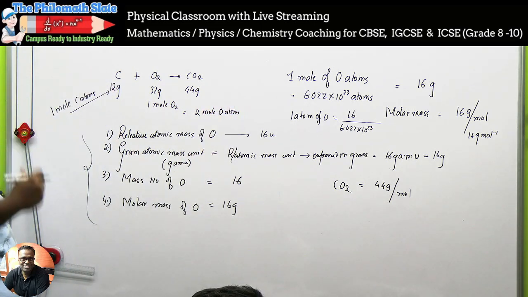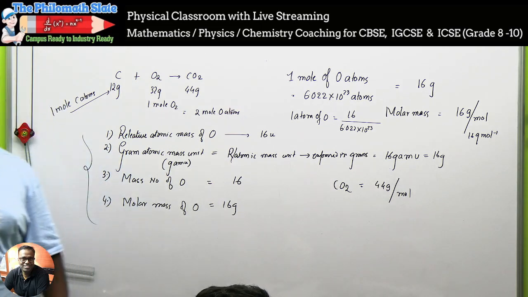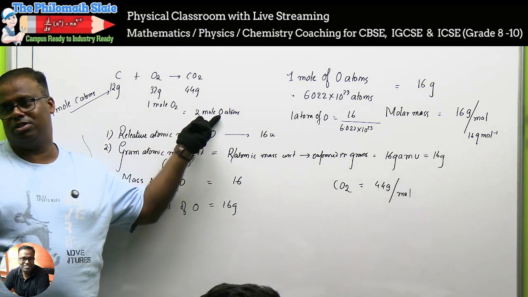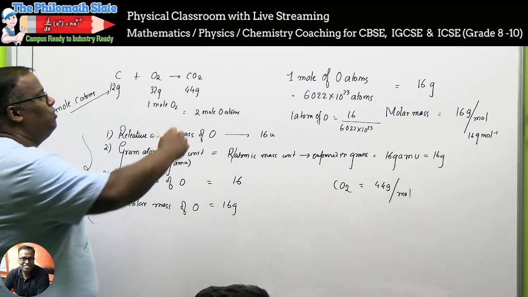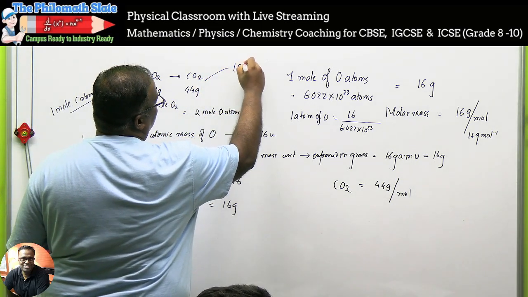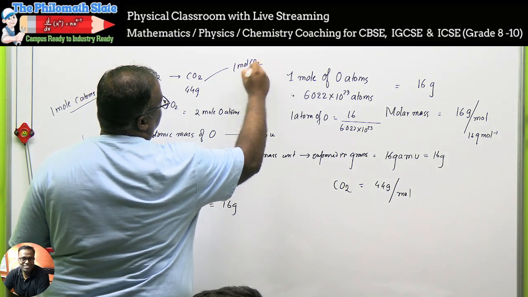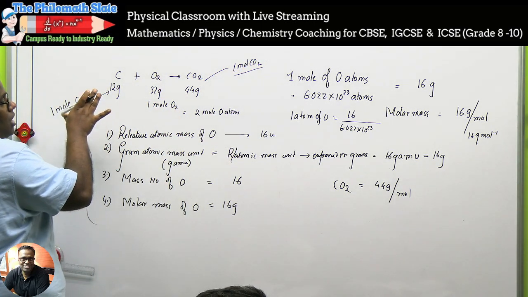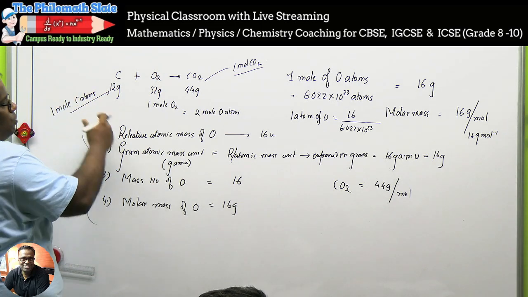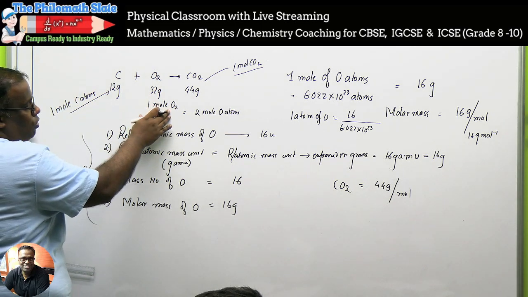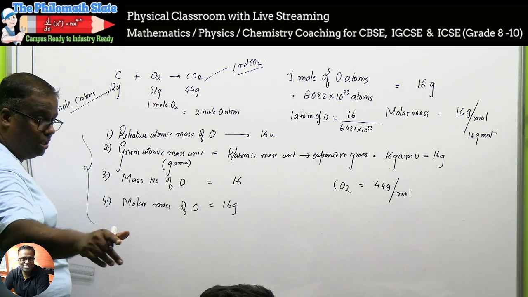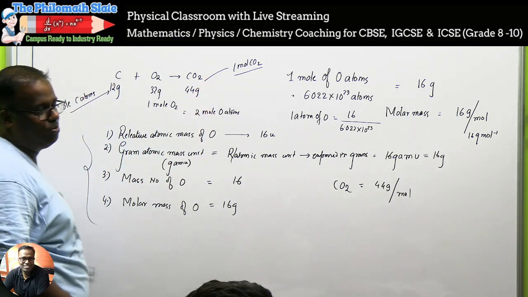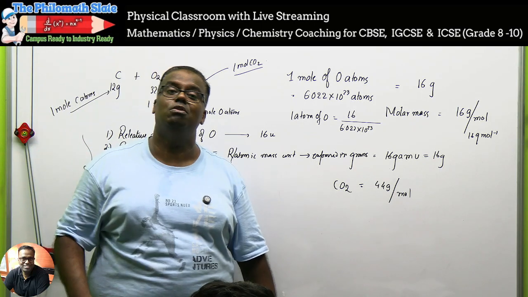So we will say 1 mole oxygen molecule, which is equal to 2 mole oxygen atoms. दो मिलके तो एक होता है ना. 1 molecule of oxygen is 2 atoms of oxygen. This will give you how much? 1 mole CO2. Means 6.022 × 10^23 carbon atoms react with 6.022 × 10^23 oxygen molecules, give you 6.022 × 10^23 carbon dioxide molecules.